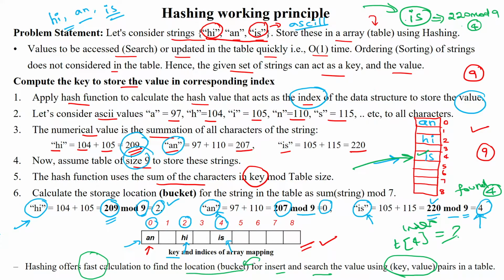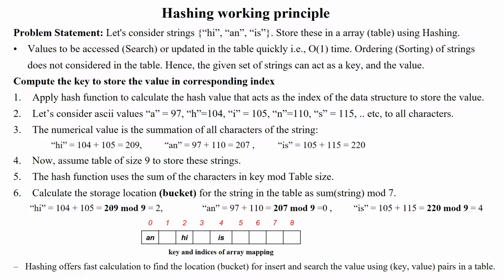So here this is the key, and the value also. One of the interesting points we should observe: the key is always a numerical number, because we are going to use this hash value as the index of the given data structure. So the index will always be denoted by a numerical number.